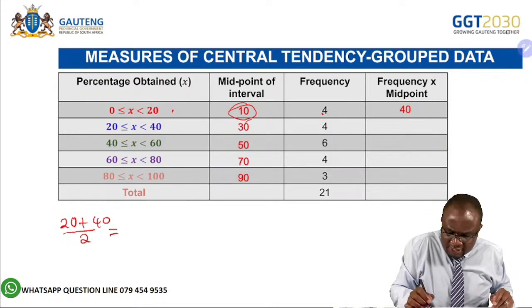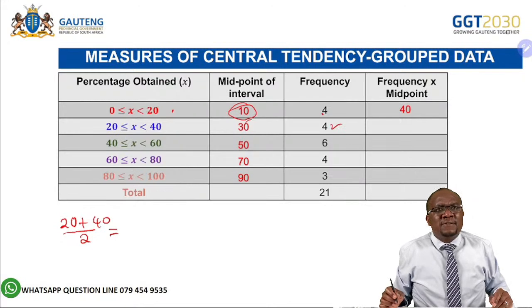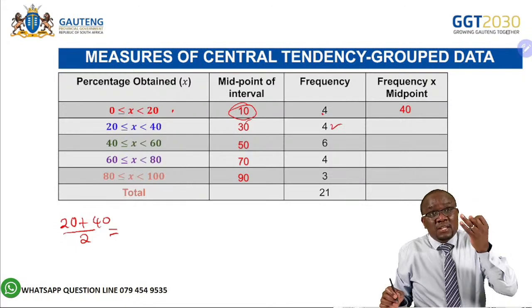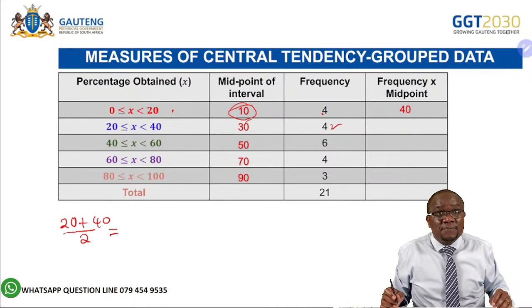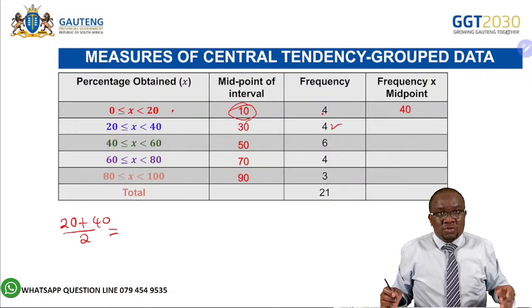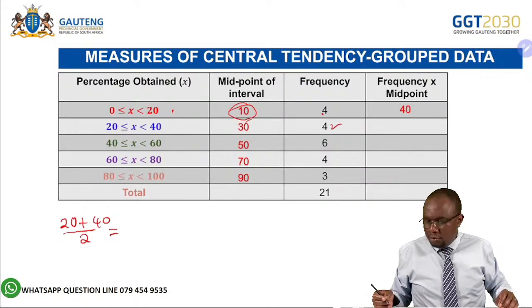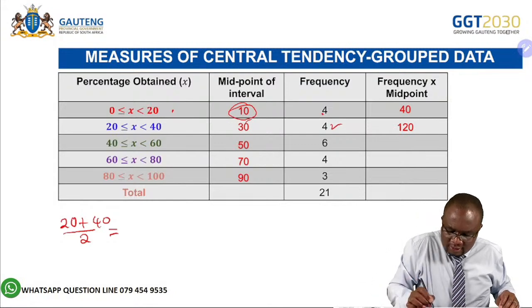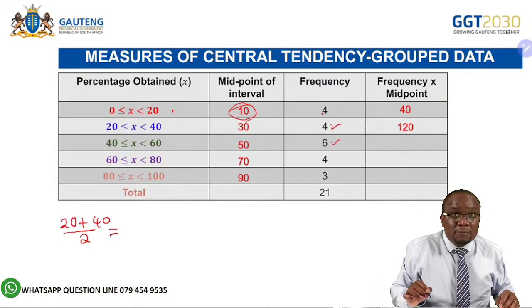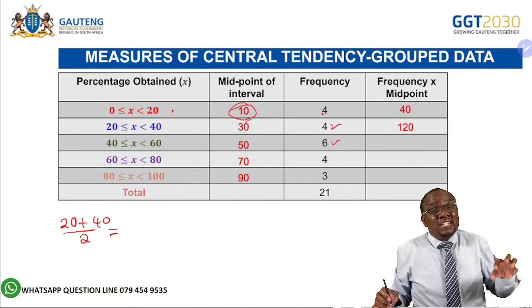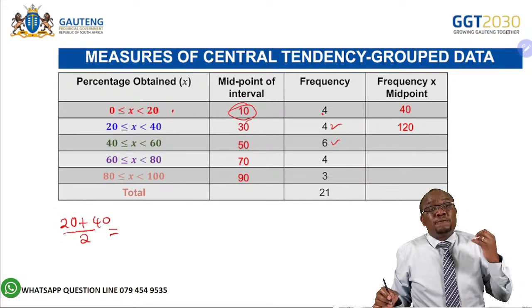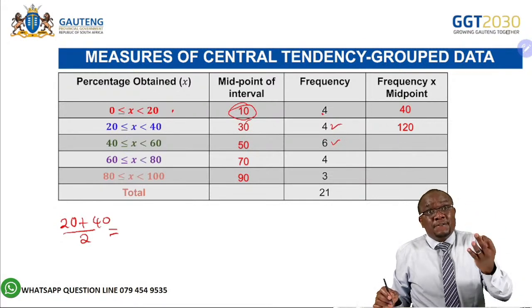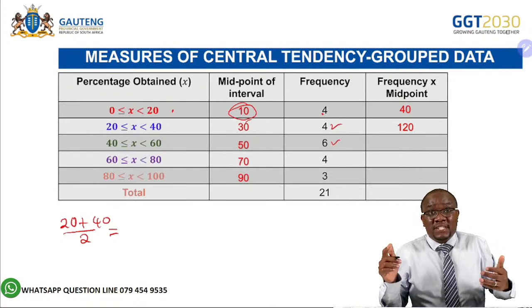And then the total marks from these four learners is 30, 30, 30, 30, which is 120. So we're saying 30 times 4, 120. Then the total marks from the six learners, we're assuming that each learner got 50, six of them.